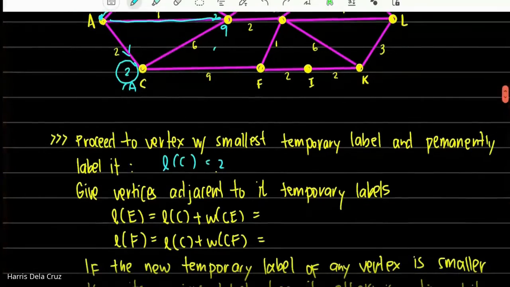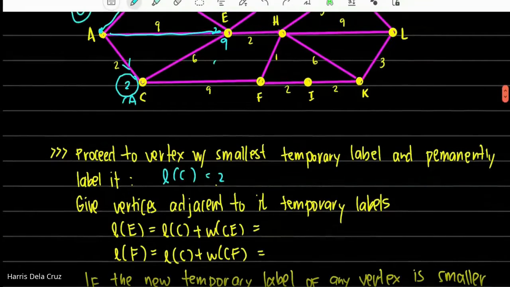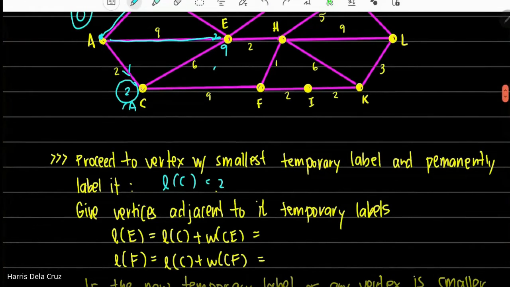So, ang gagawin mo, you give again vertices adjacent doon sa current position natin, which is C. So, ang mga adjacent sa current position natin, yung E tsaka yung F. So, ang gagawin mo, lalabelan mo yung E tsaka yung F as if galing ka kay C. So, this time, si C na yung point of reference natin.